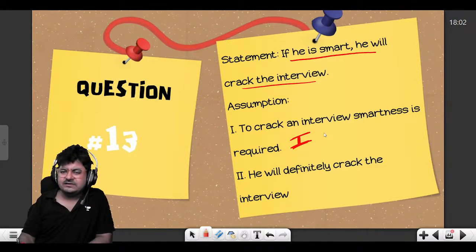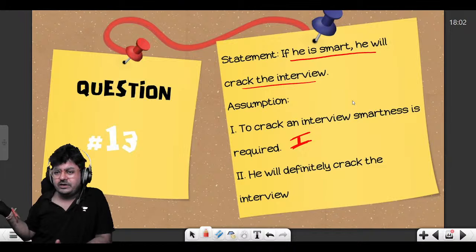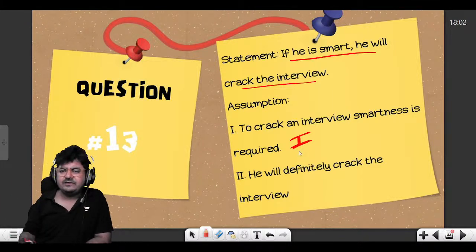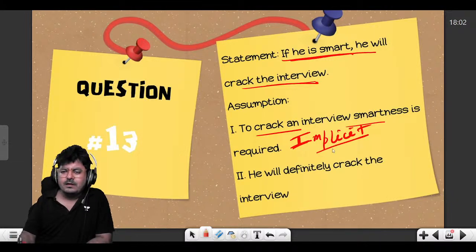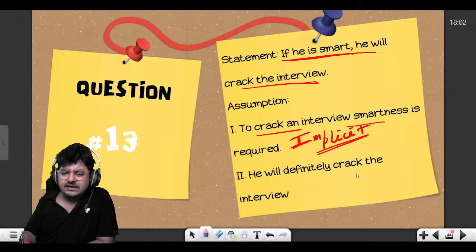It is related to the statement. मतलब जरूरी नहीं है in reality, but based on the given statement: if he is smart, he will crack. They are saying, so to crack an interview, it means smartness is needed. That's correct. True. Implicit. But what about the second assumption?